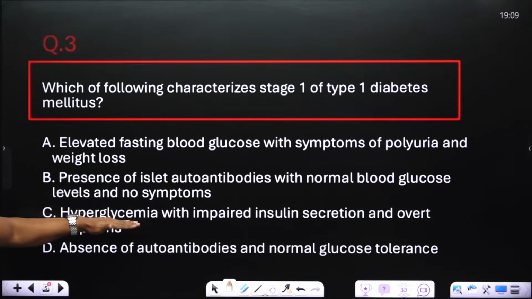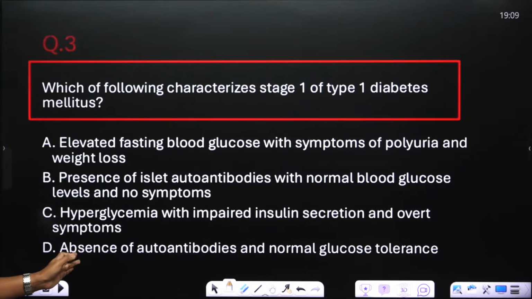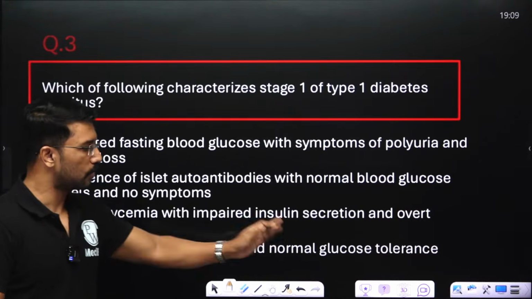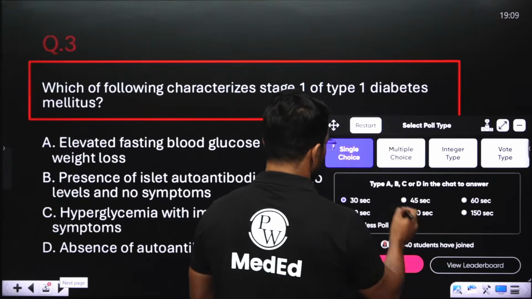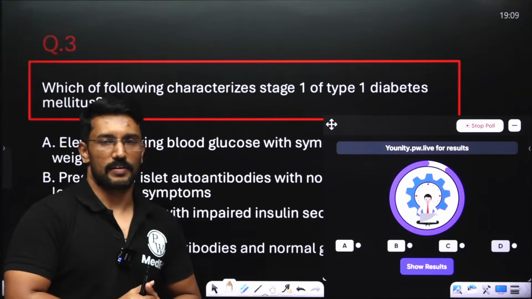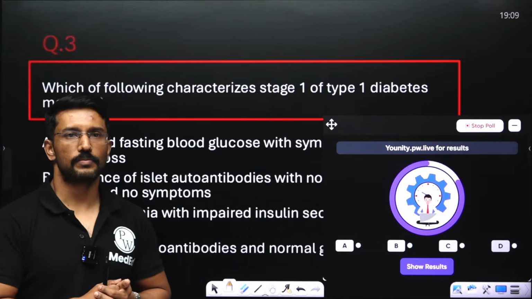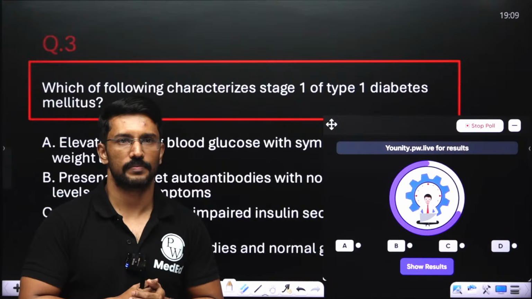Option C is hyperglycemia with impaired insulin secretion and overt symptoms. Option D is absence of autoantibodies and normal glucose tolerance. So which can be considered as stage 1 of type 1 diabetes mellitus?